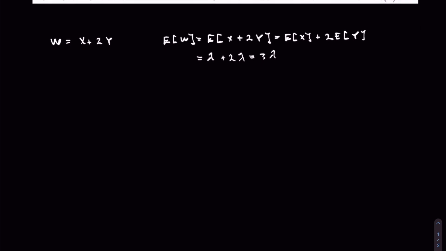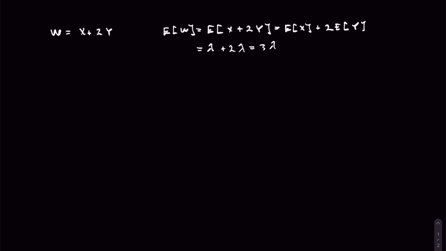So let's start by calculating the MGF of W and then compare it with a Poisson that is actually 3 lambda. So we're asking whether this following thing, question mark, is true.